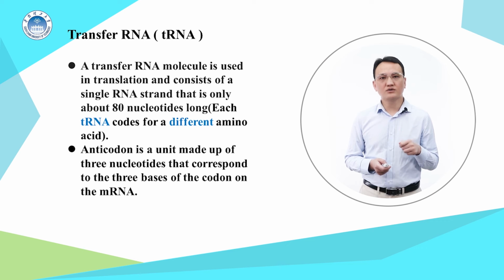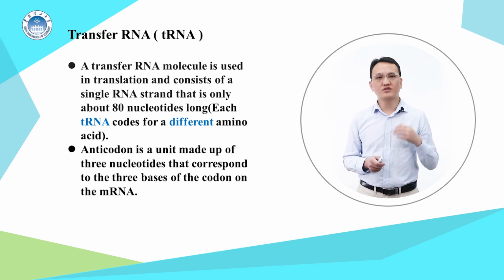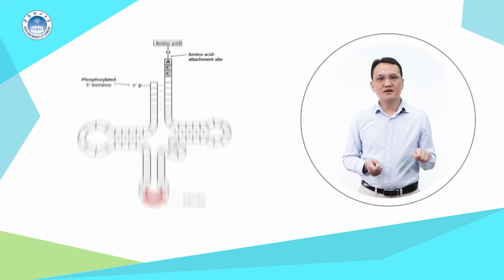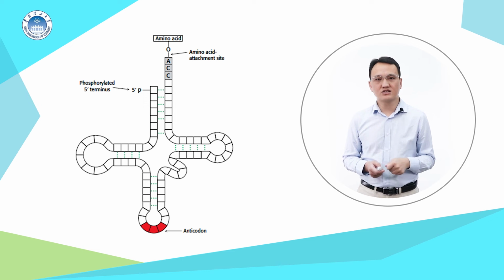The anticodon is a unit made up of 3 nucleotides that correspond to the 3 bases of the codon on the mRNA. The structure of the tRNA can be decomposed into its primary, secondary, and tertiary structure. The cloverleaf structure becomes the 3D L-shaped structure through coaxial stacking of the helices.